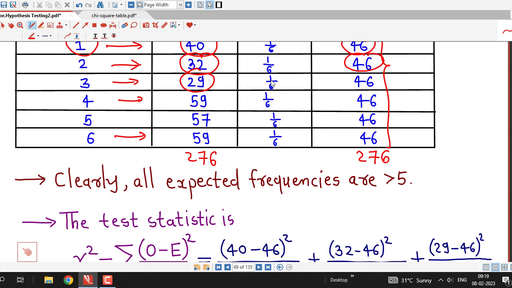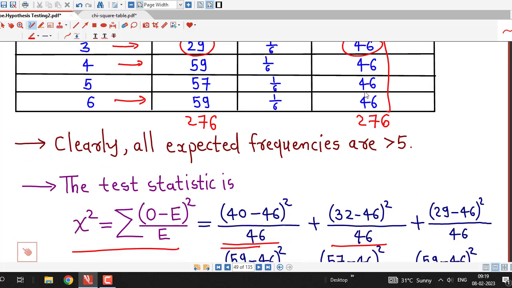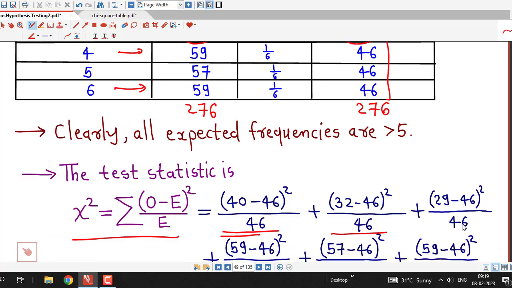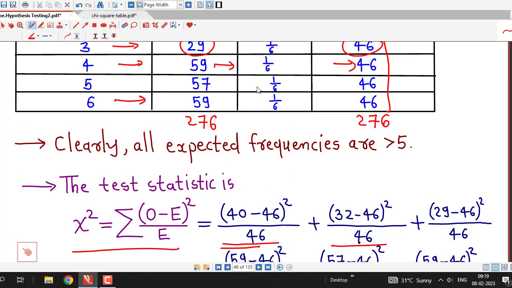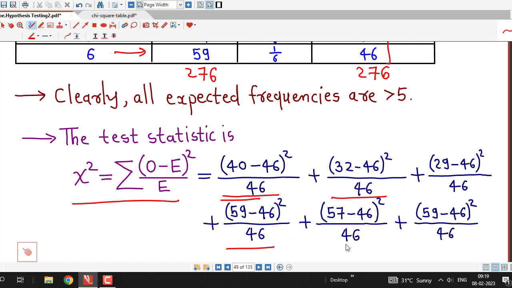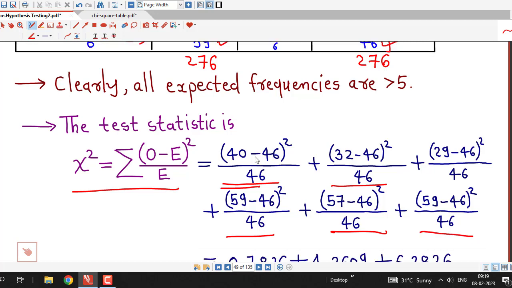Similarly 29 minus 46 whole square divided by 46. Then 59 minus 46 whole square divided by 46. Next one is 57 minus 46 whole square divided by 46. And last one is 59 minus 46 whole square divided by 46.